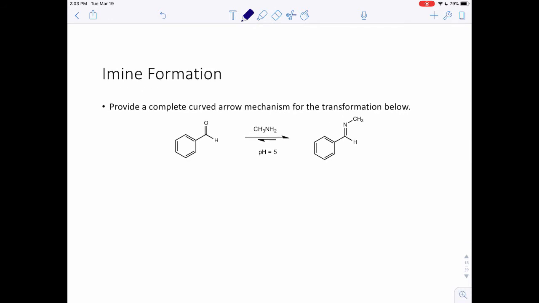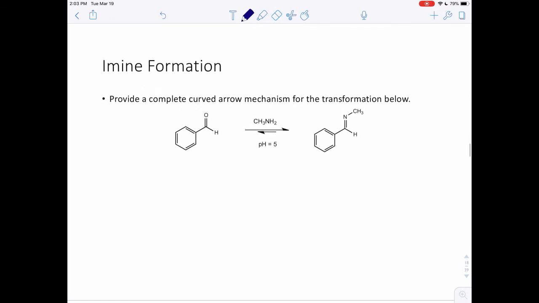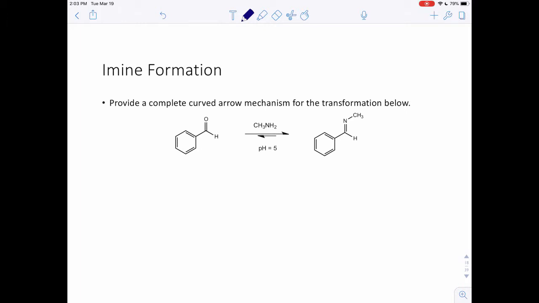So now we're going to try to draw a complete curved arrow mechanism for this transformation. Now you might be tempted in mildly acidic conditions to protonate something, but it turns out that the amine is quite nucleophilic, and what actually happens first is that the amine attacks just the carbonyl. So we do not protonate the carbonyl first, the amine can just attack it.